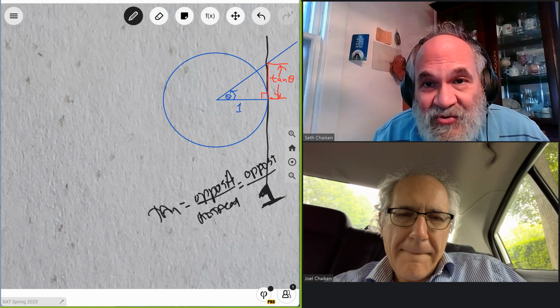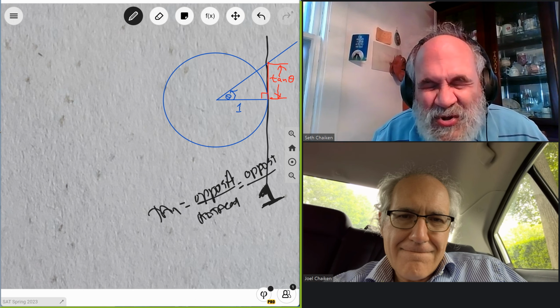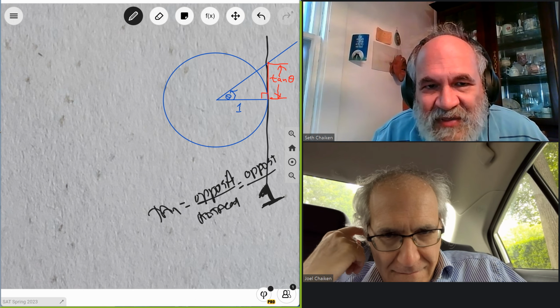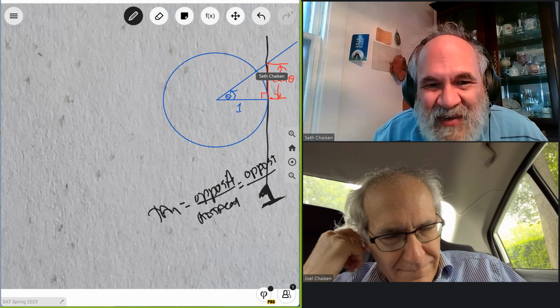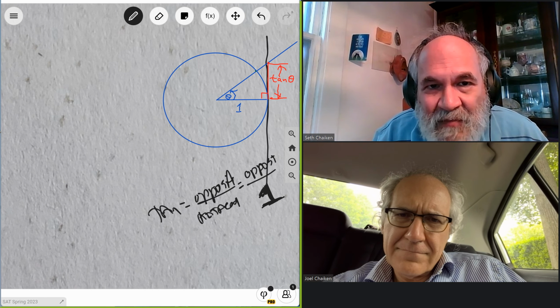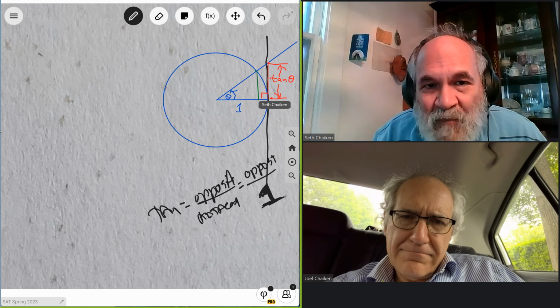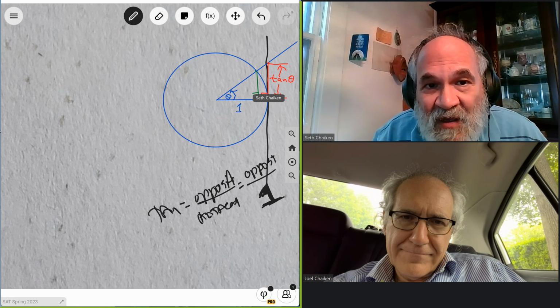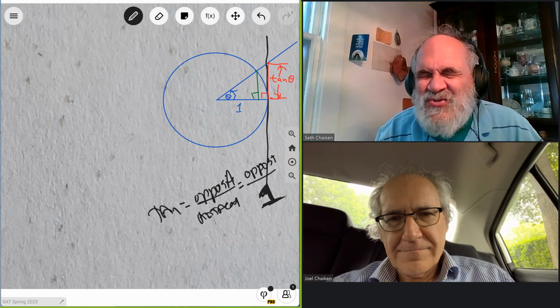Let's use green for a non-tangent, and do what Joel did. You see where the second radius meets the circle and drop a perpendicular. This is what Joel did. We have a right triangle.